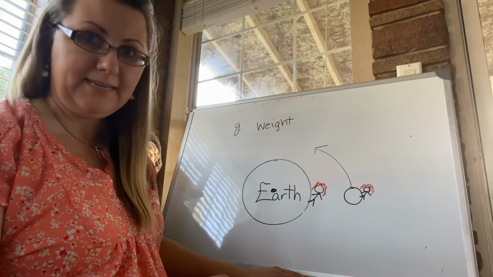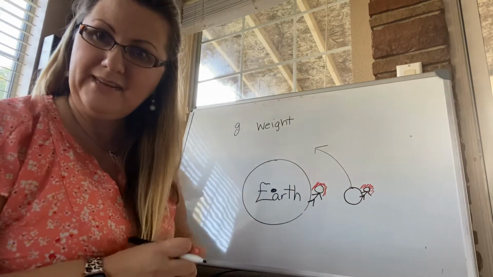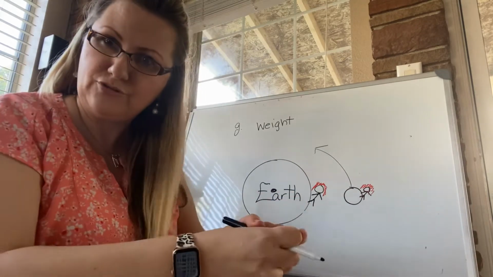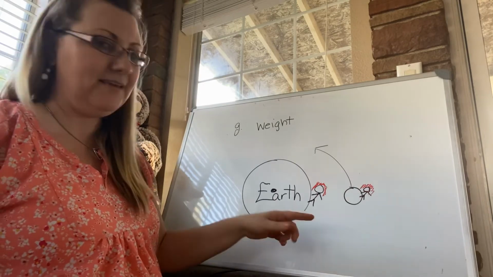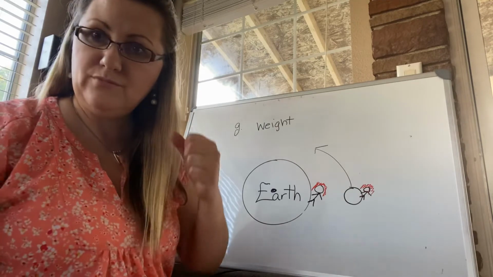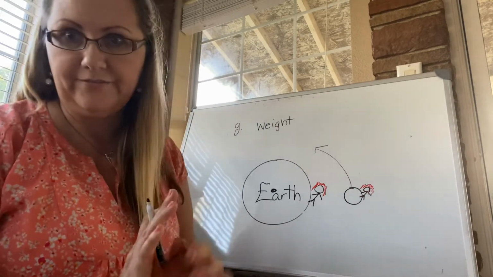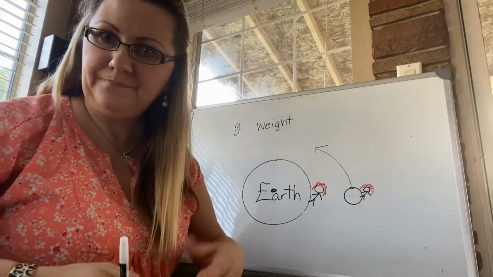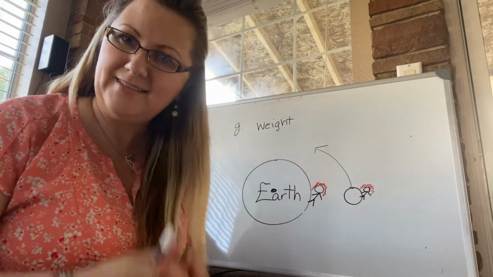will make a difference in how much I weigh, because weight is that measurement of how much gravity is pulling on you, while mass is the amount of stuff that I'm made of. My bones, my skin, my organs, a little extra fat, all those things make up all of me and my mass.